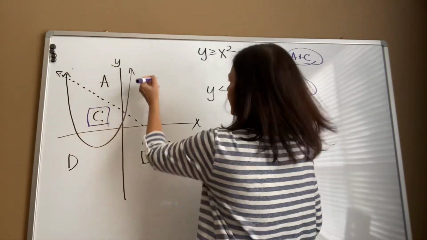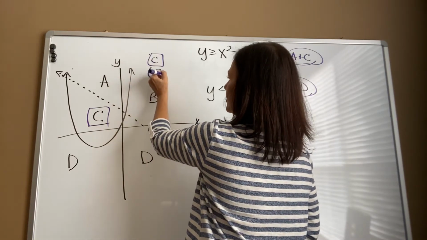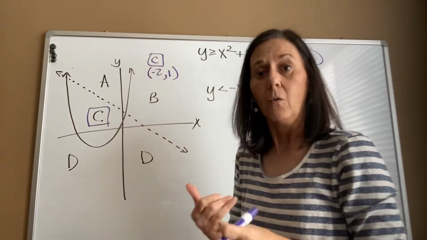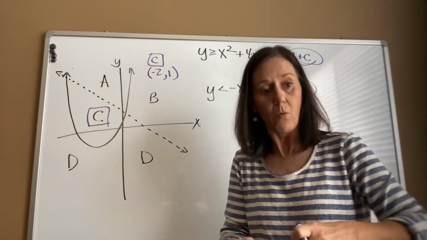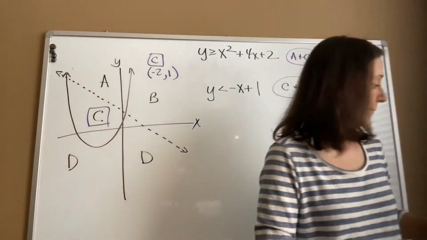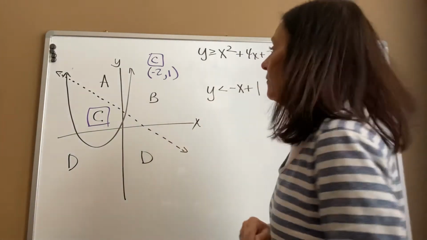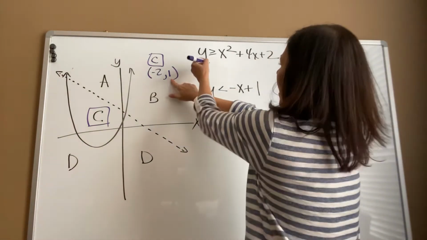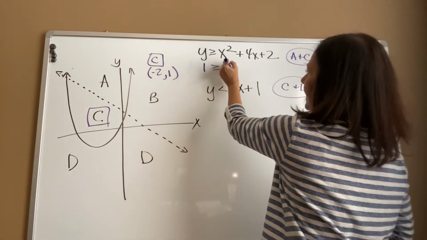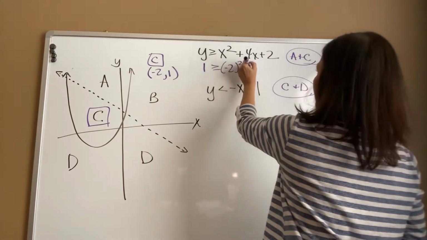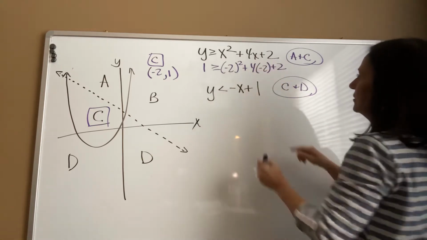All right? So we're going to pick a point inside C, and they have a point inside the C region, -2, 1. So when x is -2, y is 1. And we're going to plug that point into both of the functions to see if it works. So when y is 1, is it greater than negative 2 squared plus 4 times negative 2 plus 2?